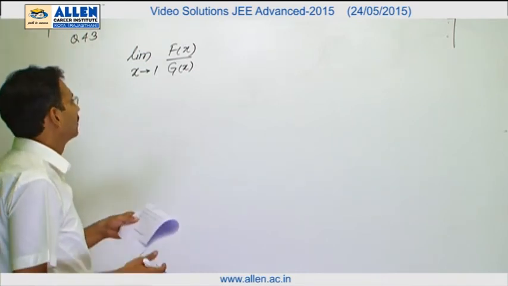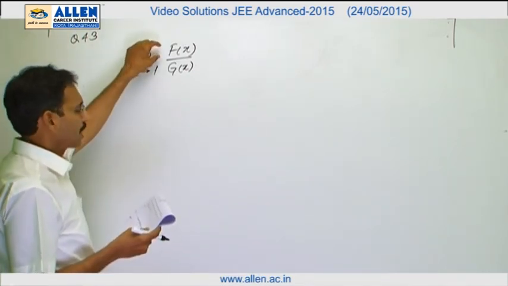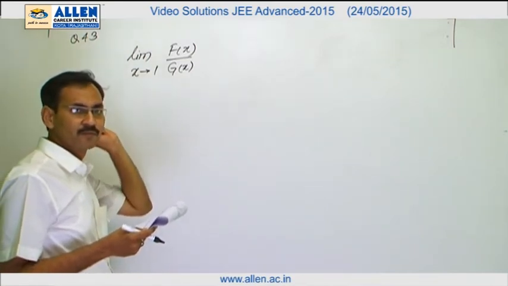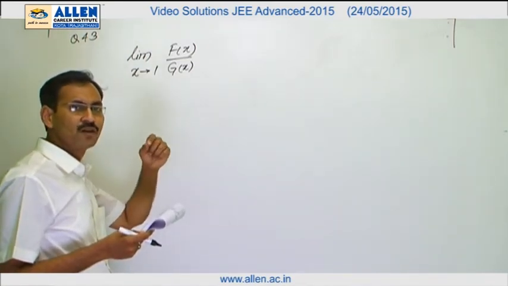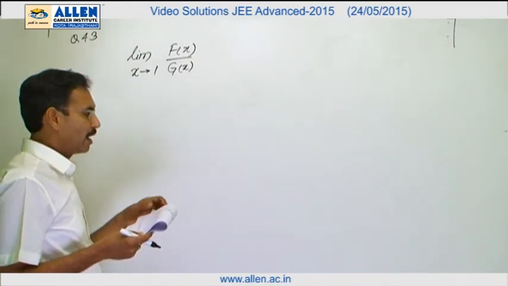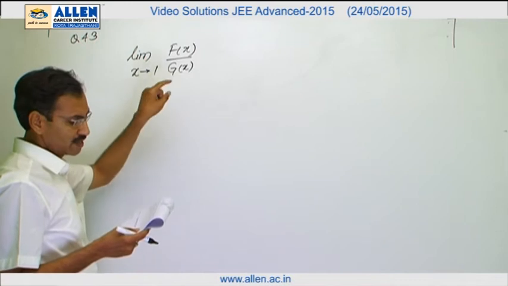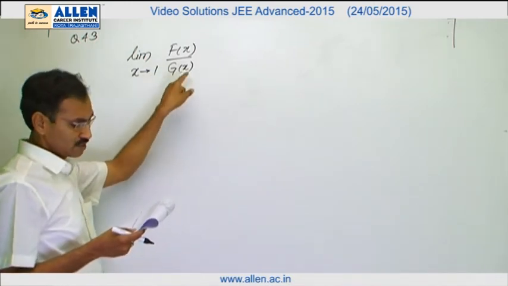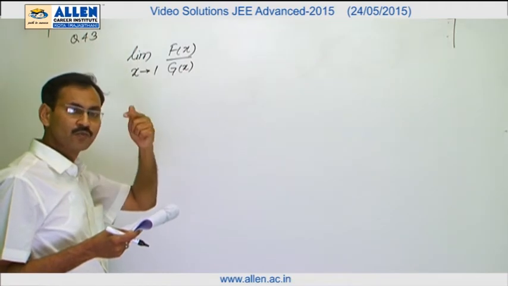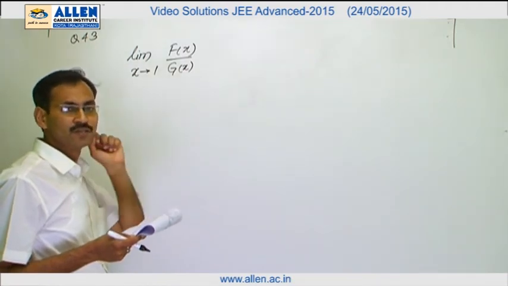We can see when x approaches 1, this capital Fx becomes integral from minus 1 to 1 of ft dt, and as small f is an odd function, this will be 0. Similarly, in capital Gx, when x approaches 1, Gx approaches G1, and the value of G1 is 0 because it is from minus 1 to 1, an odd function.